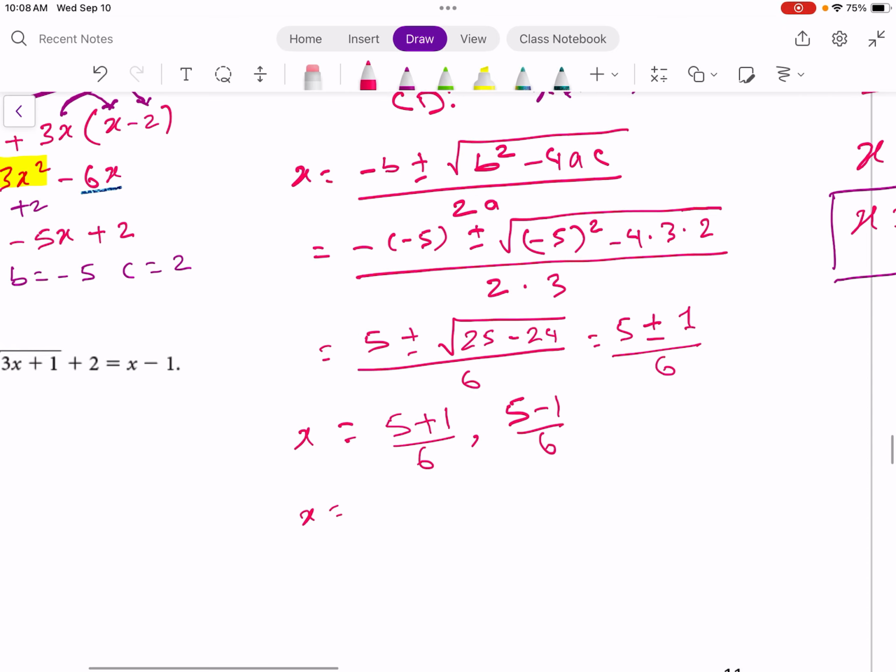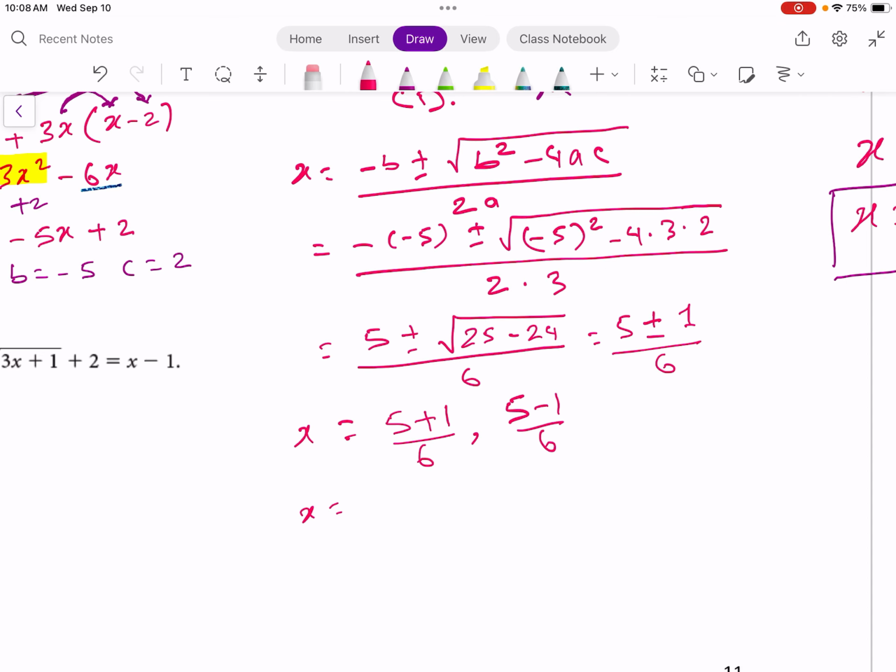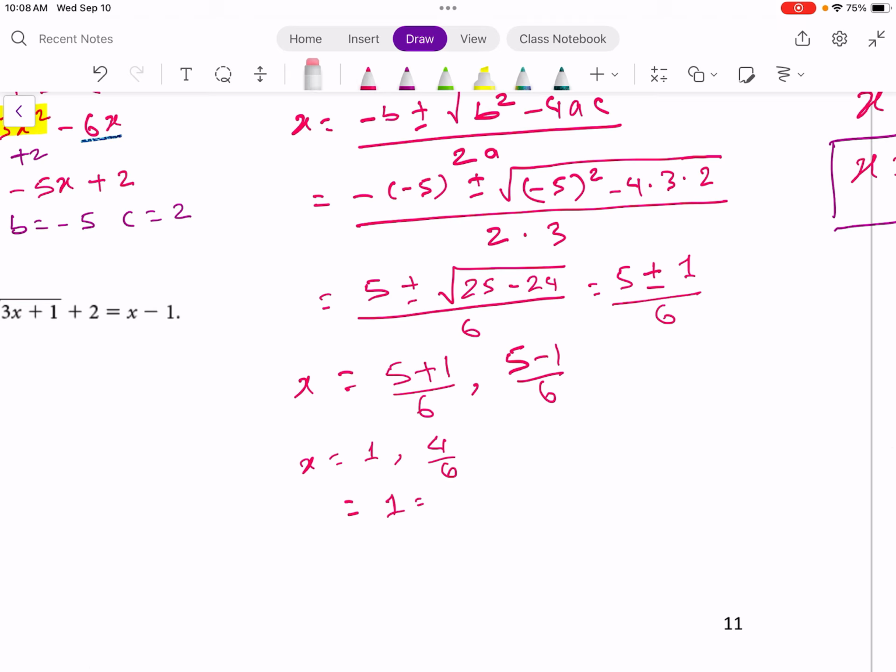So 5 plus 1 is 6, 6 divided by 6 is 1. 5 minus 1 is 4, divided by 6. And if you want to simplify 4 over 6, our final answer is 1, and you can simplify 4 over 6 as 2 over 3.